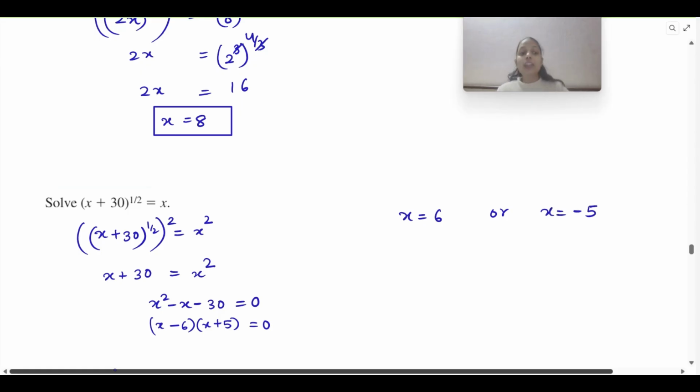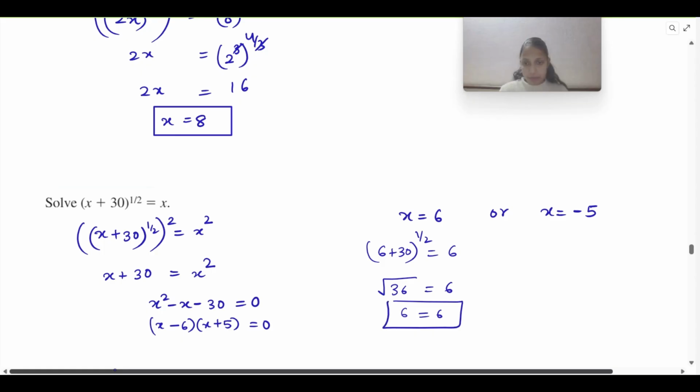You have an x on both sides, so I will check whether there is any extraneous solution or not. I substitute x equals 6: 6 plus 30 to the power half is 6. Square root of 36 is 6. So yes, it's satisfied. Then I check for negative 5.